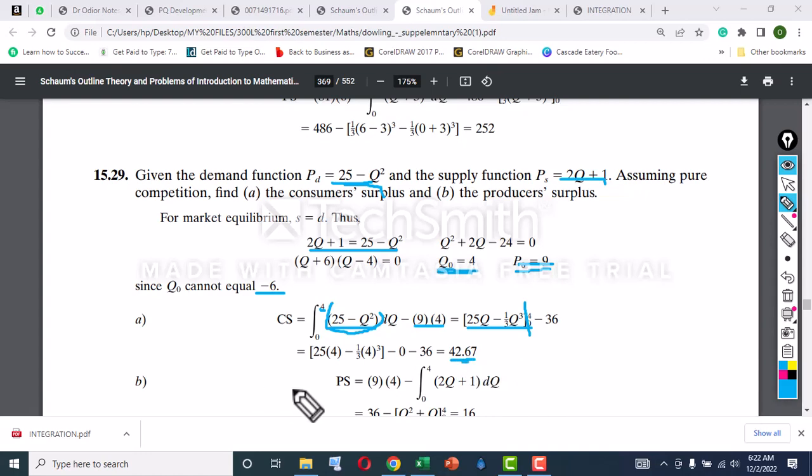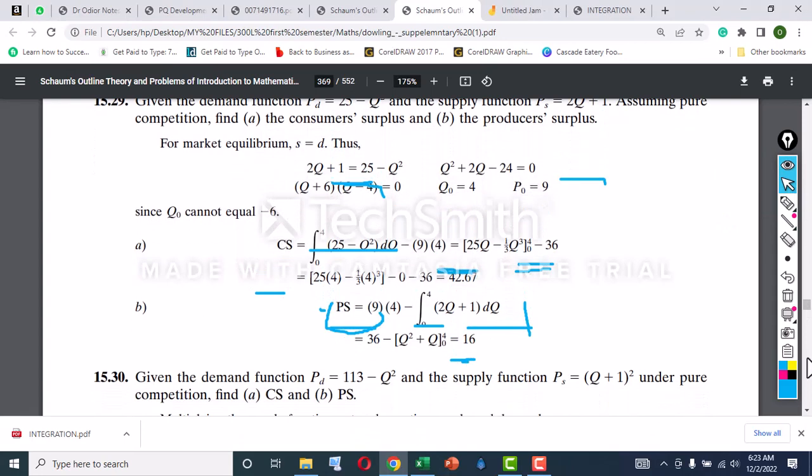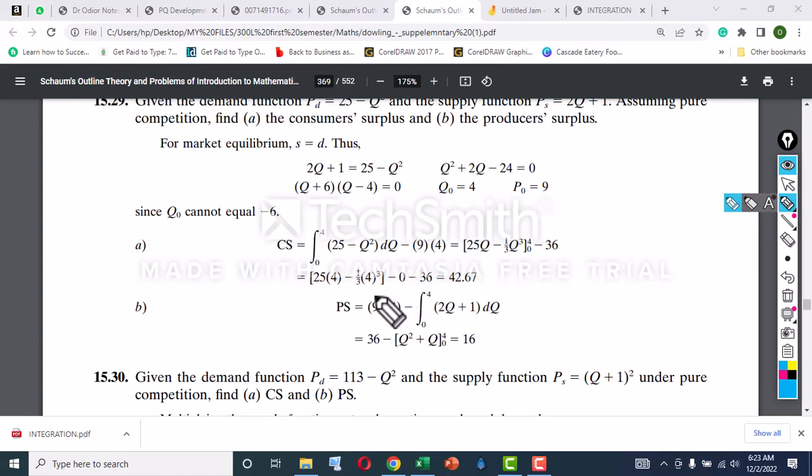The same thing we are going to do for producer surplus. They are actually going to pick the producer surplus equation. That's the formula, which always starts with the equilibrium price and quantity, multiply them together, minus the definite integration of the supply function, where Q will be the one up. Remember their equilibrium price and quantity is always the same.